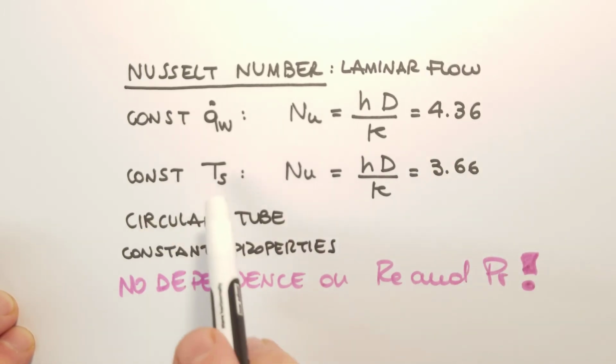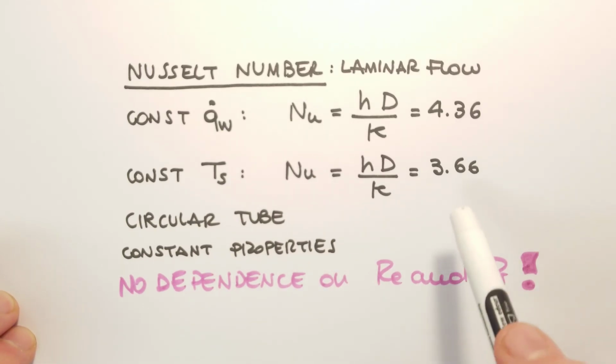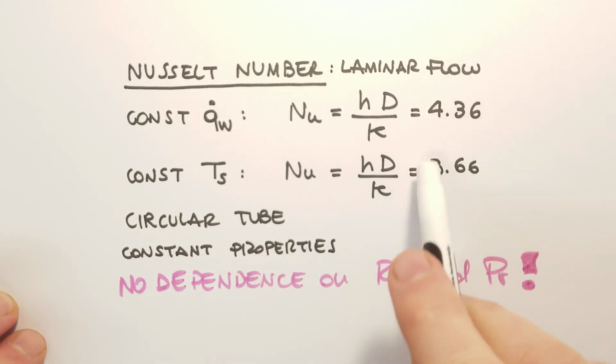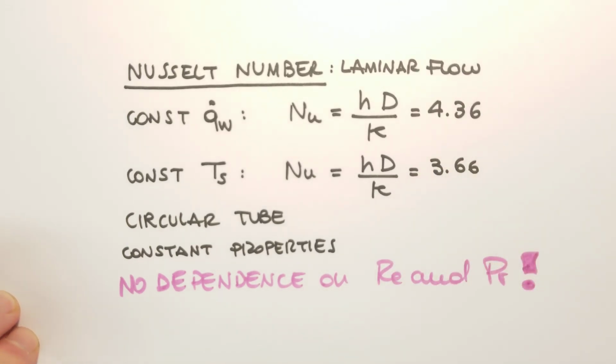In the constant surface temperature case, the Nusselt number instead is 3.66. This is for circular tubes with constant properties and fully developed conditions, so there's no dependence on the Reynolds number and the Prandtl number.